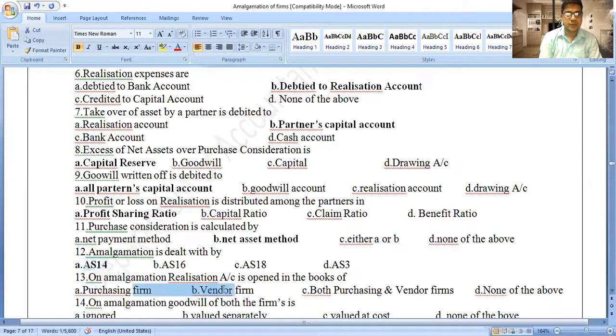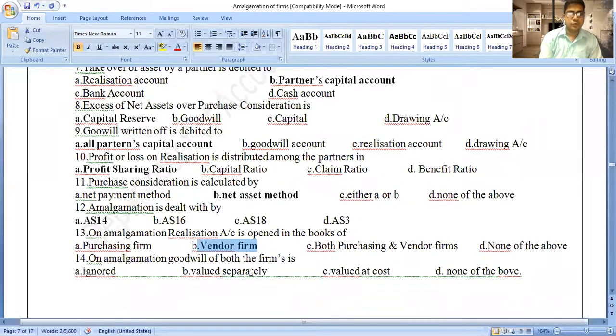It is prepared in the books of vendor firm. On amalgamation, goodwill of both the firms is ignored. It is not considered.